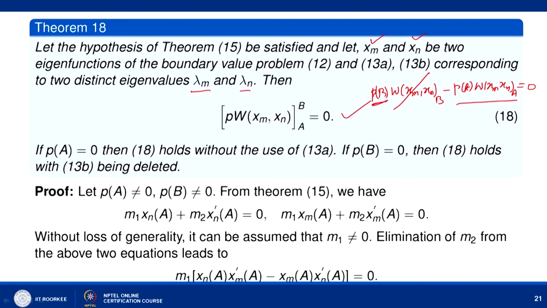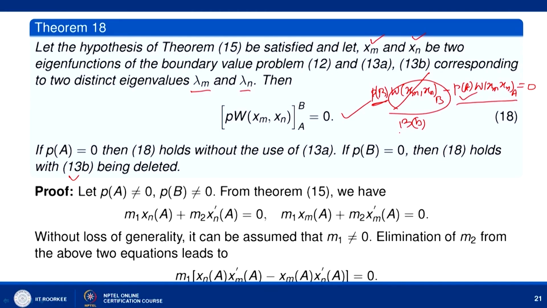That is what is written here. If p(b) is equal to 0, then we have to use only one, that is 13a, and if p(a) is equal to 0, then we have to use only one condition, that is 13b, the boundary condition given at the point t equal to b. So let us assume that neither p(a) nor p(b) is 0.